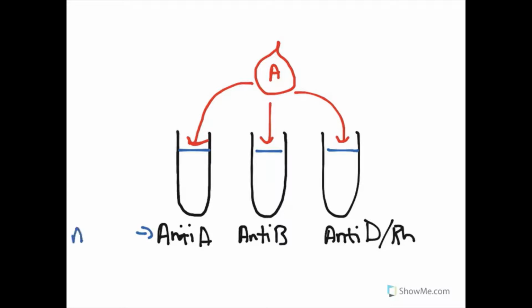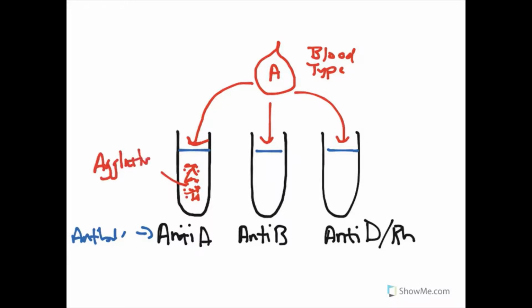If these are the antibodies, and this is the blood type, type A, and you put A in a serum, a fluid that contains anti-A, then you will begin to see clumps visibly forming here. You will see it will visibly agglutinate. Okay?